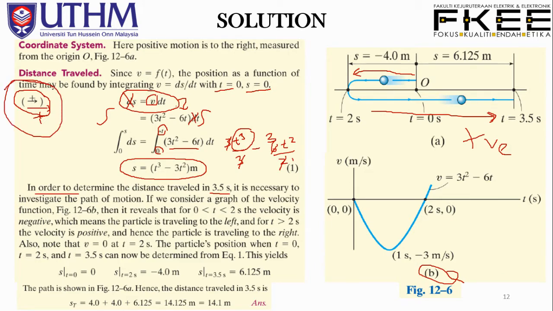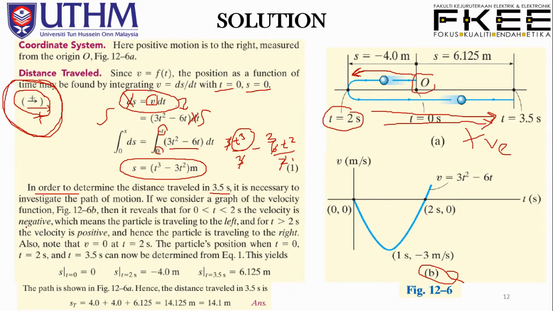So in this illustration, from origin 0 to time equal to 2 seconds, this means within 2 seconds, the particle is moving to the left, opposed to the one we have defined, which is positive to the right.